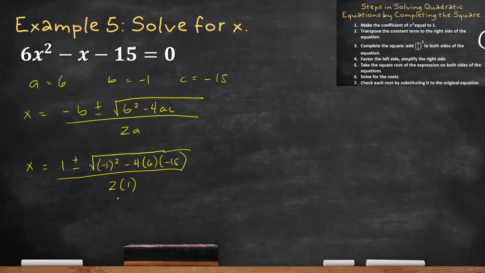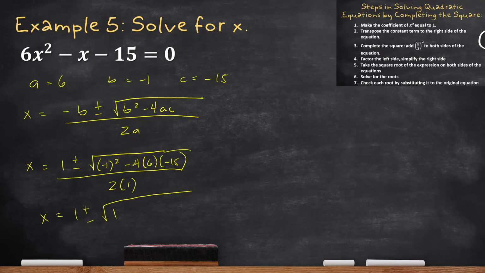So, we will now operate. So, we're going to have here x is equal to 1 plus or minus, okay, square root of, what is 1 squared? 1 squared is 1, right?